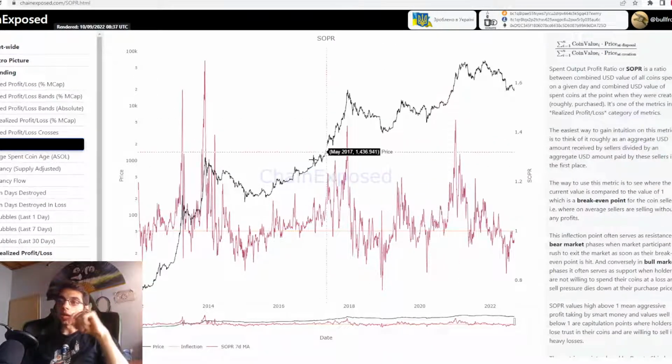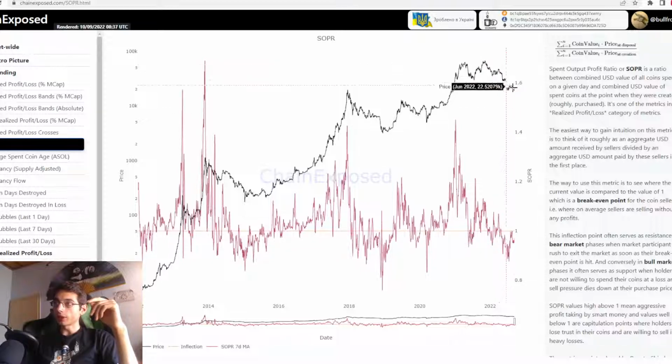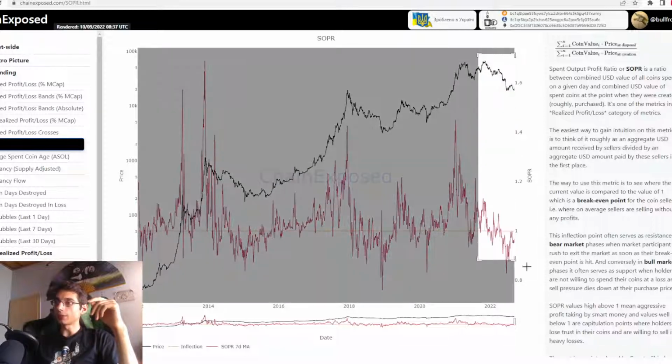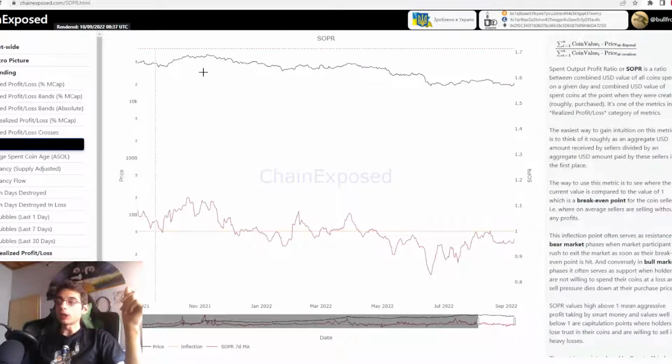And I took out the SOPR metric. This is not the aSOPR, it is not adjusted by the one-hour transaction, and it is taking into account all the transactions with the noise and all of that. As you see, in the last movement up to 24k, the last bear market rally we had, we got to the point of 1 and we got rejected.